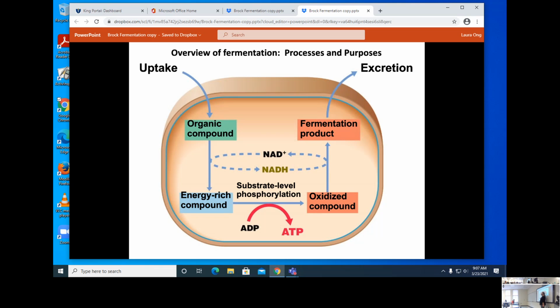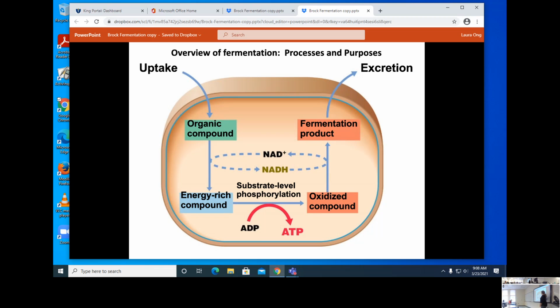Some microbes could use mannitol to do this. It could be glucose, it could be lactose, and they're breaking it down, putting some electrons onto NADH, getting a compound that they can do substrate level phosphorylation with and make a little bit of ATP. This is the little bit of ATP, like from glycolysis.